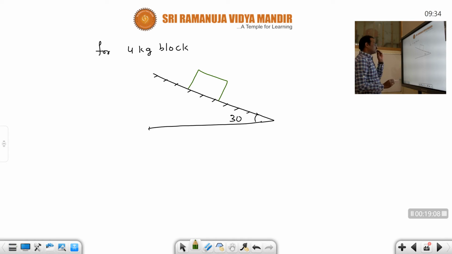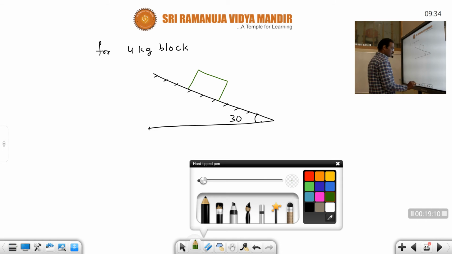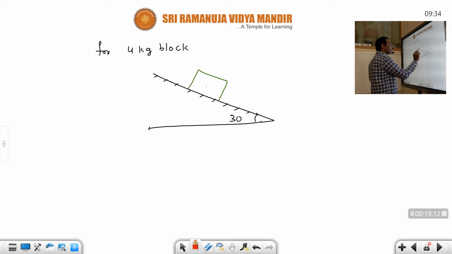Do you know what forces are going to act here? This is I will take as 4g, meaning m2g, which is the 4g value because of 4 kg mass.